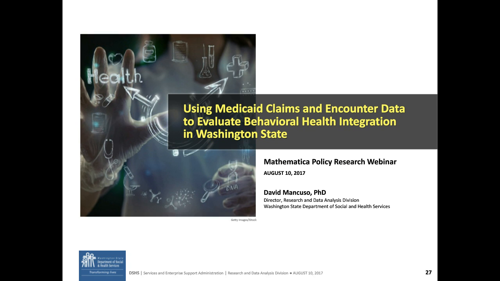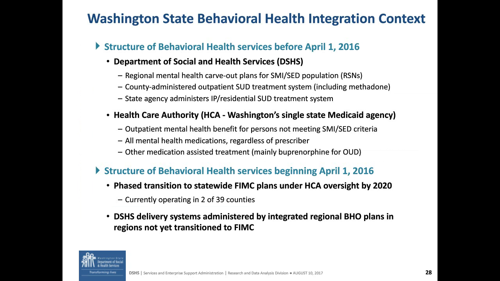So the specific context here is work that's underway in Washington State to integrate the delivery of physical and behavioral health care. And I have a slide here which has a lot of stuff on it, and in part the complexity of the policy-related information here.